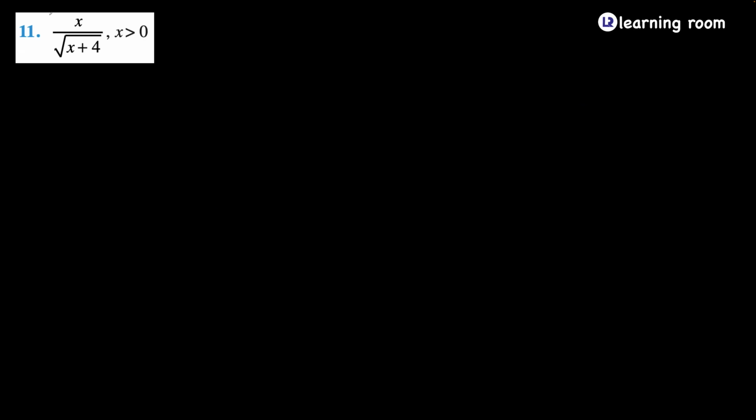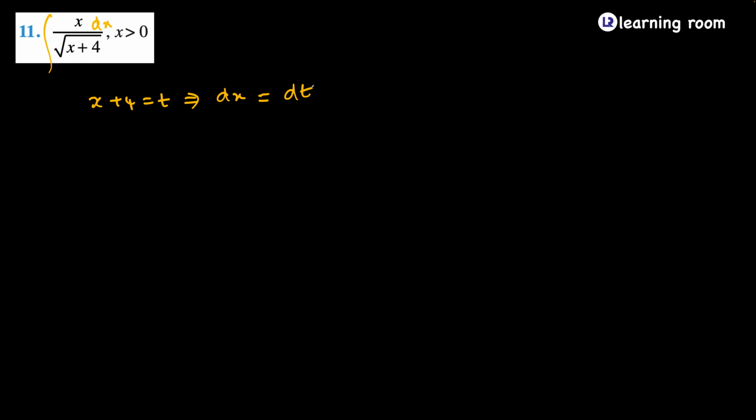So next question is integral of x divided by root x plus 4 dx, where x is greater than 0. So what should we do? Same logic. You can take x plus 4 as t, which implies dx is equal to dt.